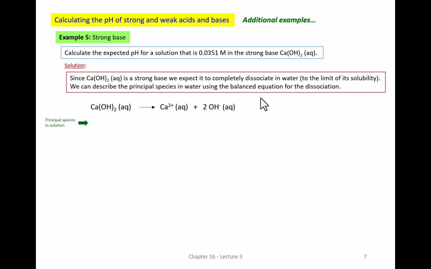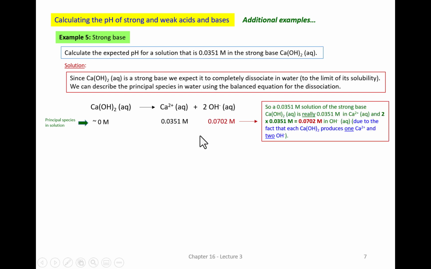If we think about what the principal species will be in solution, of course, since it goes completely to products, or almost completely to products, there'd be almost no calcium hydroxide in solution in this form, and the concentration of calcium ion would be the initial concentration of the calcium hydroxide. But note the concentration of hydroxide is now twice that of the calcium concentration.